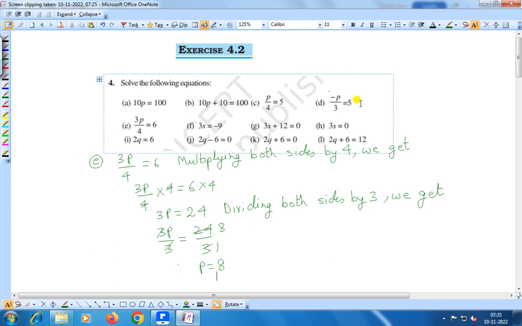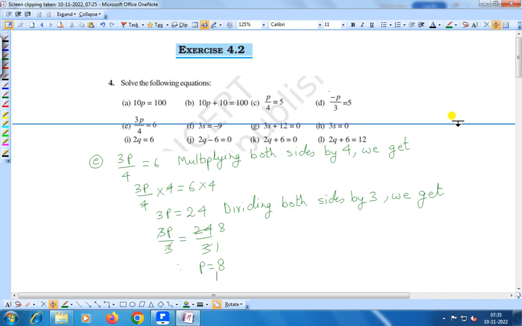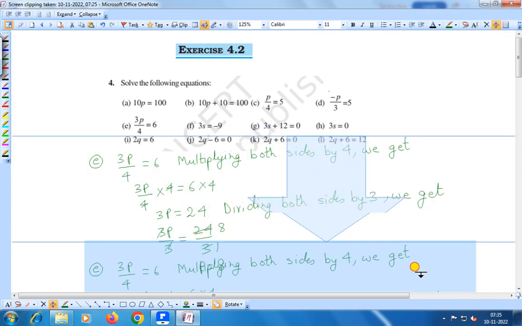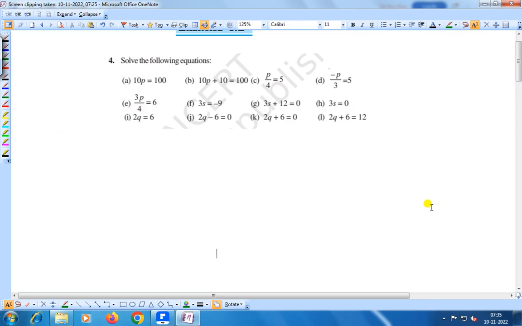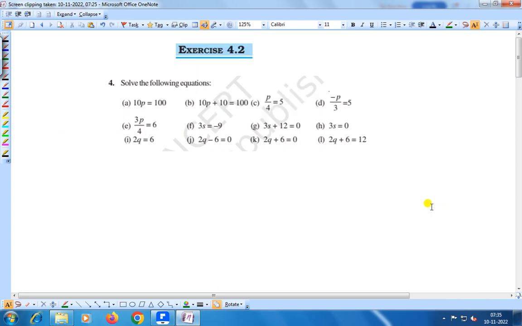Now, question number F. Question number F is 3s is equal to minus 9.